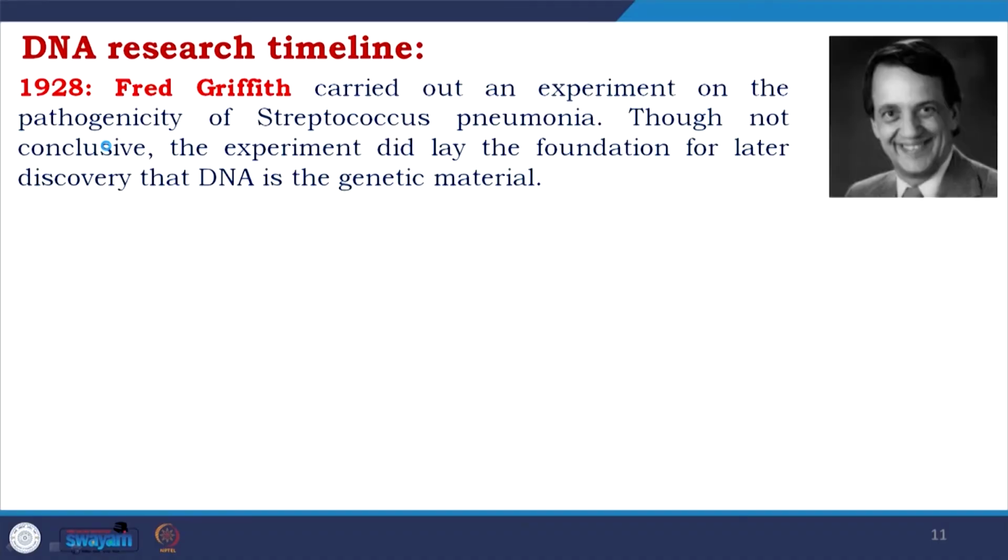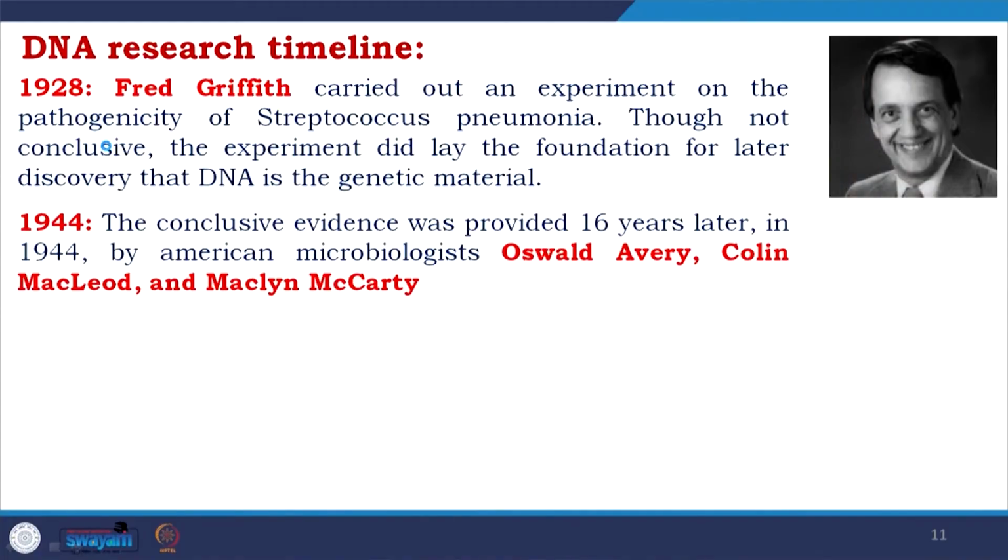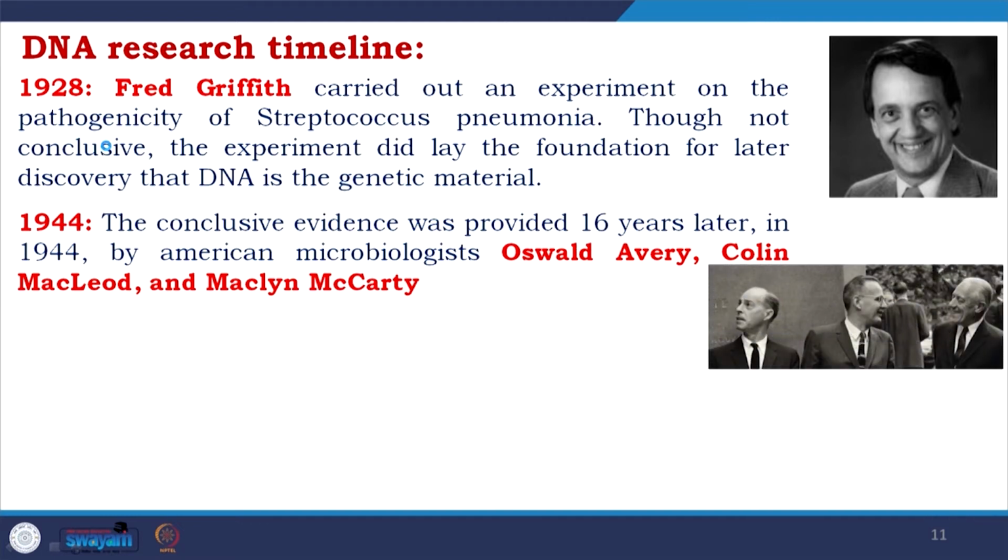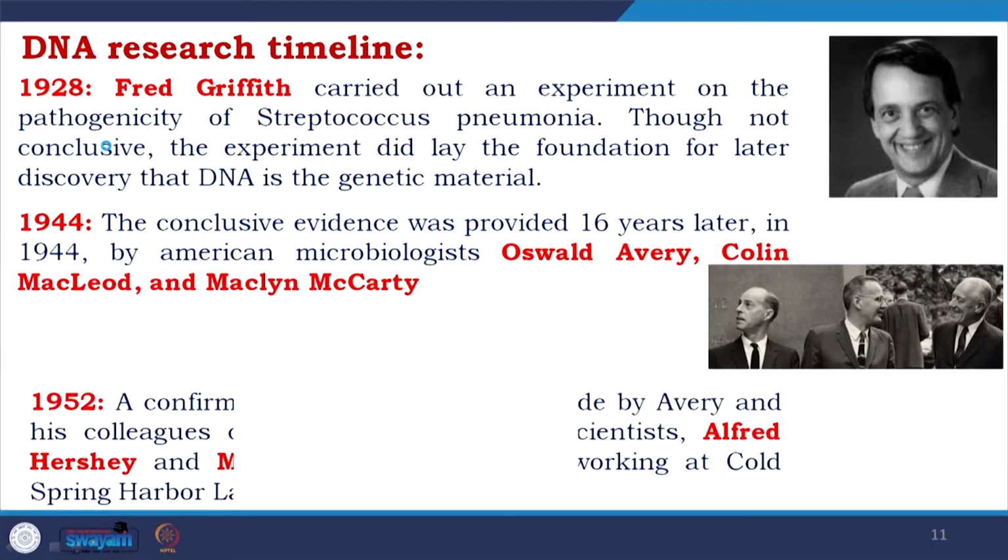His experiment was not very conclusive, but that opened the field which was continued in 1944 by Oswald Avery, Colin MacLeod and Maclyn McCarty, who took the factor, added protease and DNase, and when there is DNase, the virulent factor is not effective, so it is DNA.